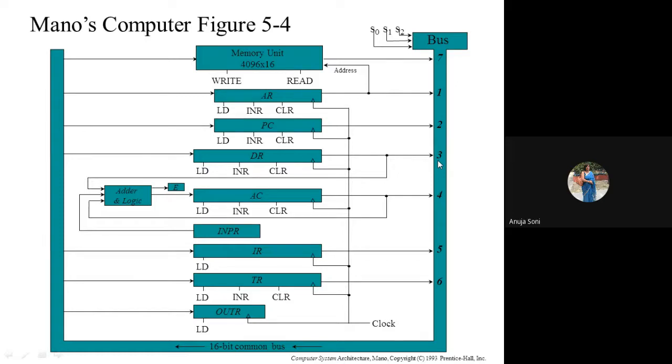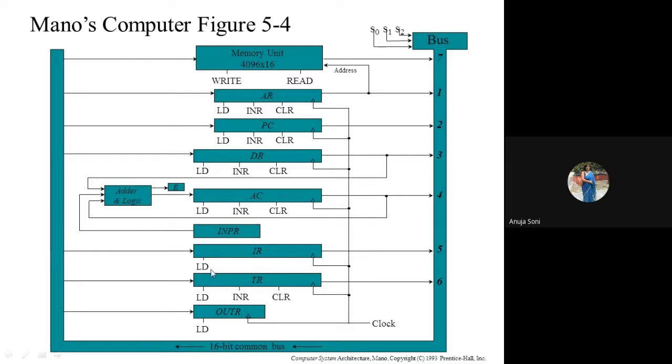As and when the value will be 011, contents from DR will be placed on the common bus, and afterwards it will traverse through the common bus, and the load signal of whichever register is enabled, the data from the common bus will be loaded into that specific register.